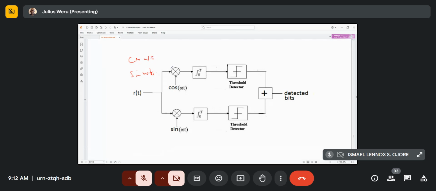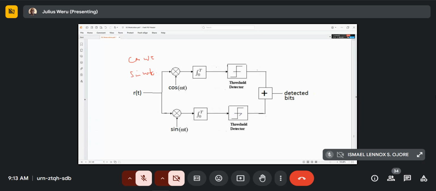If you have sine omega t times cos omega t integrated over this period, you are going to get the output as 0. You can do this mathematically, arithmetically, and see it. If you have sine omega t times sine omega t integrated over the period, it is going to give you some value. That's actually the simple principle.